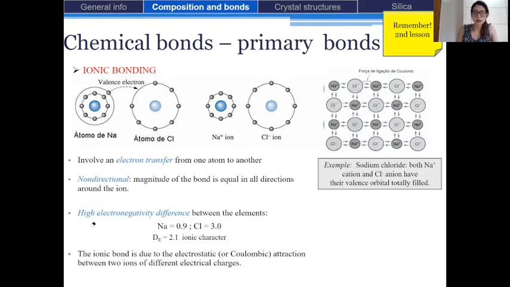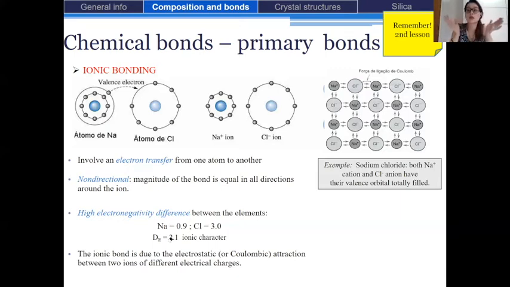And we already introduced a high electronegativity difference between the elements. In the case of sodium, the electronegativity is 0.9. In the case of chlorine, it's 3.0. So if we calculate the electronegativity difference, it gives 2.1, and we just said that it is related to ionic character, and now we are going to explain a little bit better this relationship between ionic character and electronegativity.